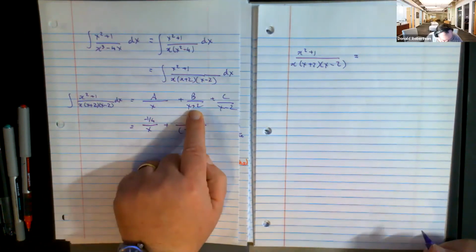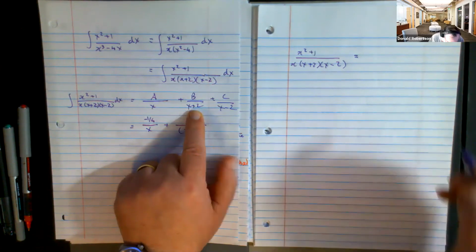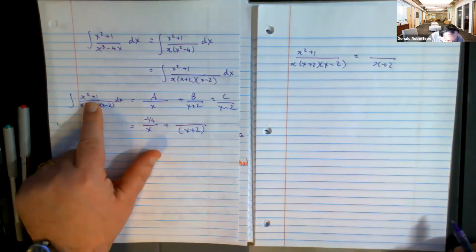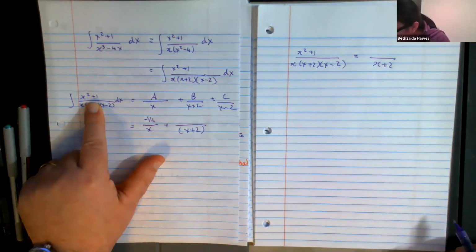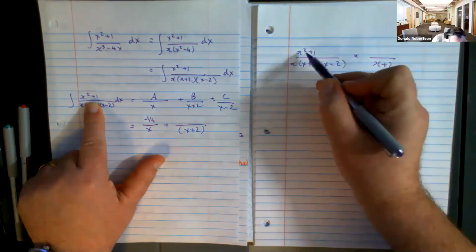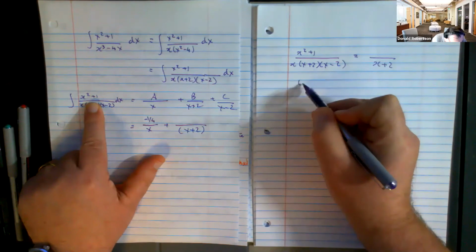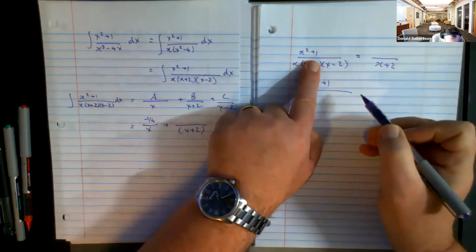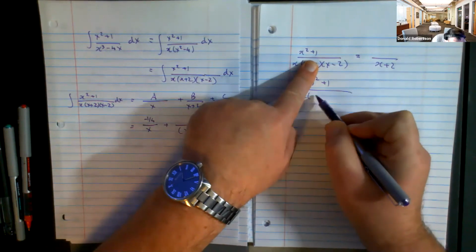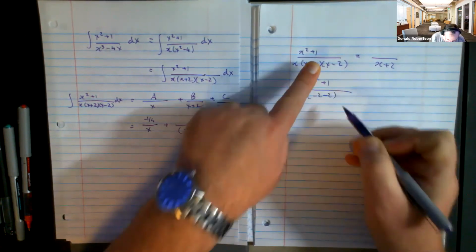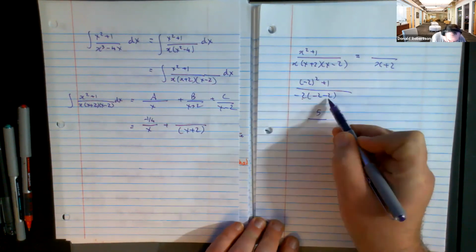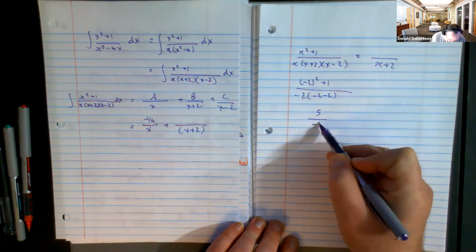It's x plus 2, right? That's the one that's going to go here. That's the one I'm looking for, B. Won't you plug negative 2 into what's left? On the top, you're going to get negative 2 squared, add 1. On the bottom, you're going to get negative 2 times that guy. 5 on the top, negative 2 times negative 4 is negative 8.